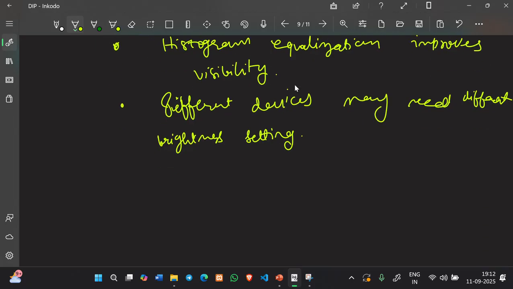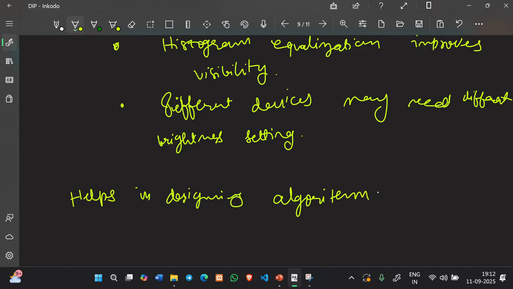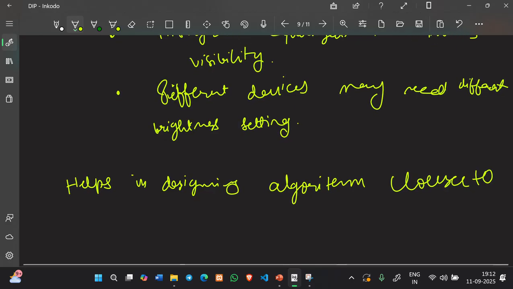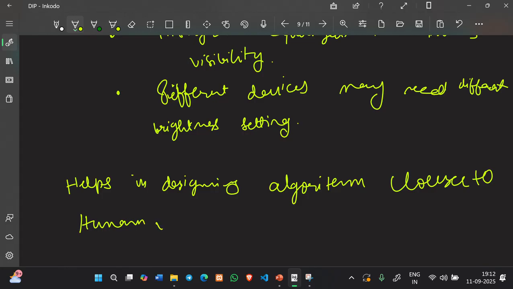So basically it helps in designing algorithms closer to human vision perception.